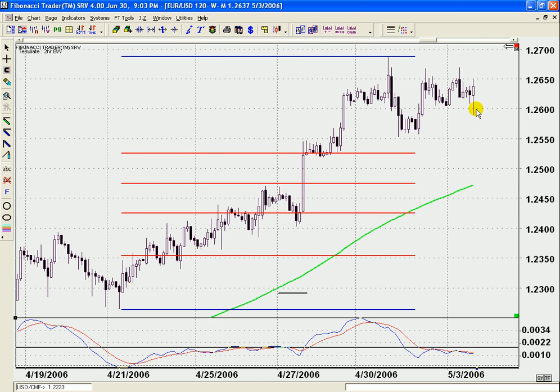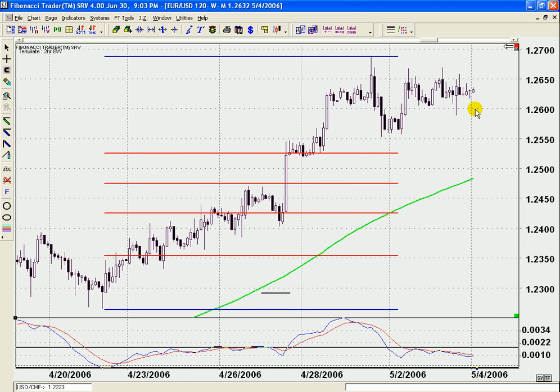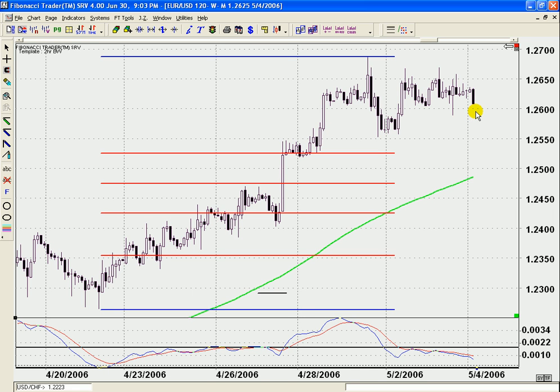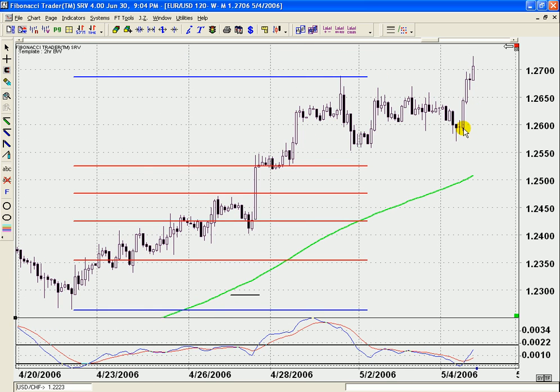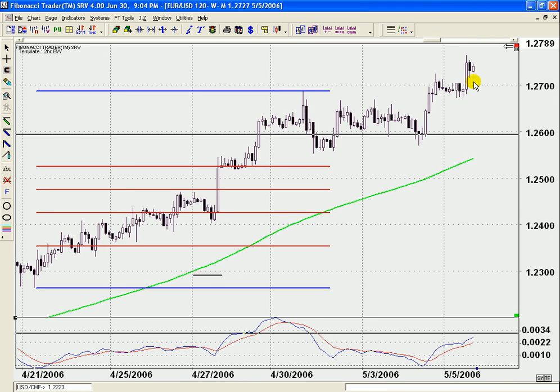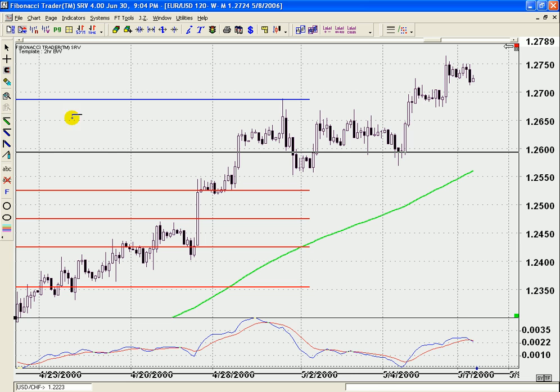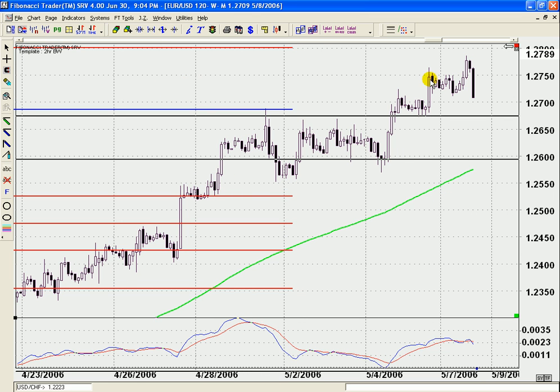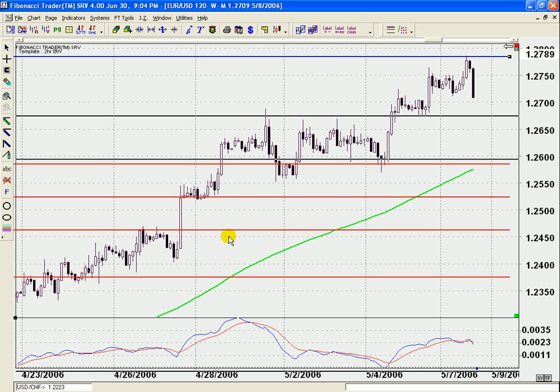As we watch price continue, we're at 2600 now, and we had a nice retest of this level right here, and we move higher, and we had a nice retest of this level here, right here, and right here at the moment, and we continue to move higher.